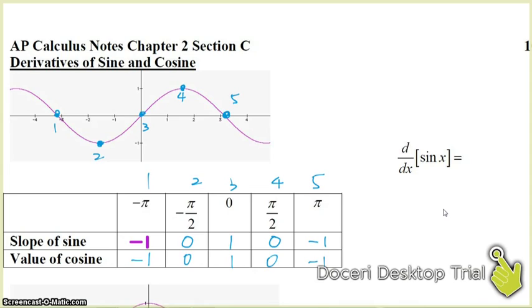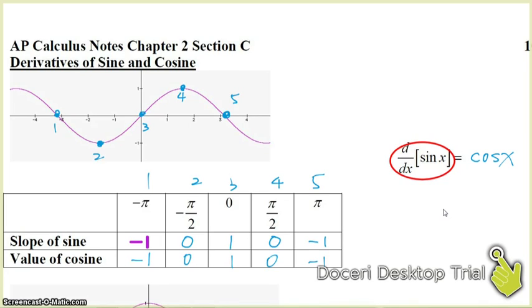Just from this table and this relationship of x and y, the slope of sine happens to have exactly the same values as the cosine graph. In other words, when we look at the right-hand side, the derivative of sine is going to be cosine, because the slope of the sine graph has cosine's values. So this is going to be the reason.